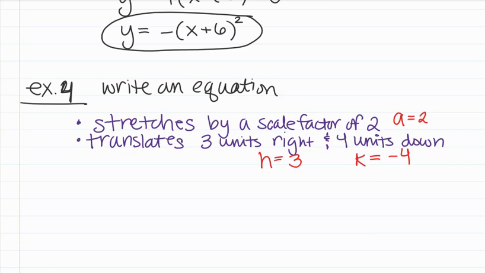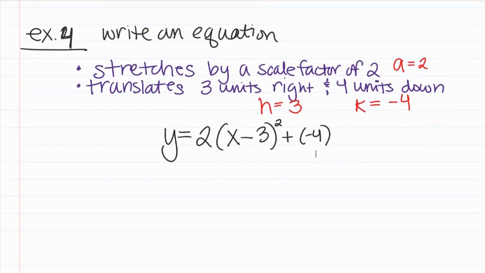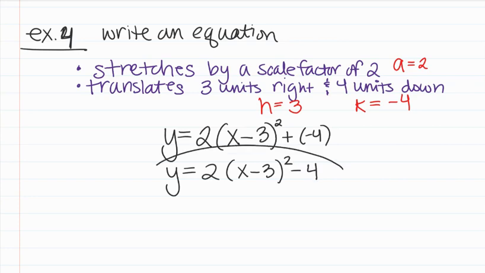So when I substitute all of the important pieces, I get y equals 2 times the quantity (x minus h) squared plus k. Now everything is nice and simplified except the plus negative 4 at the end. We do want to clean that up a little bit and just say minus 4. And that's it.